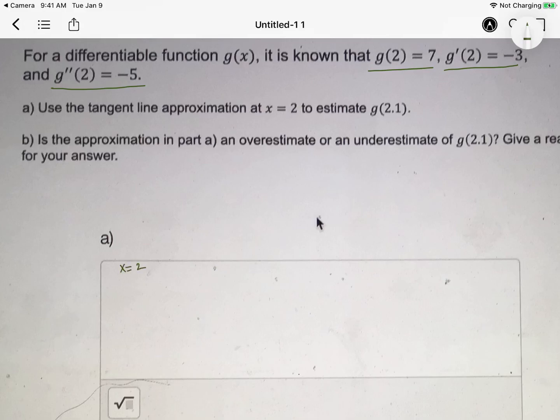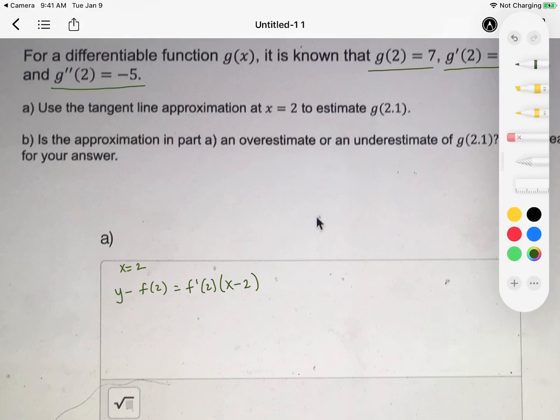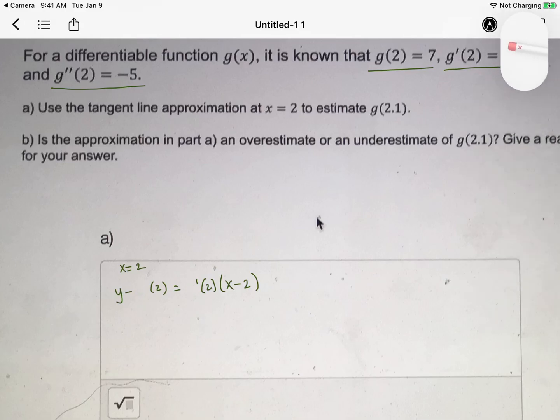My tangent line will be y minus f of 2 equals f prime of 2 times x minus 2, except my function is not f, it's g. So I'll replace these f's with g's. There we go. I know g of 2 equals 7, g prime of 2 is -3. So there's my tangent line.